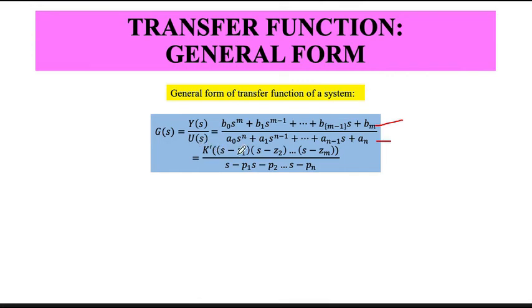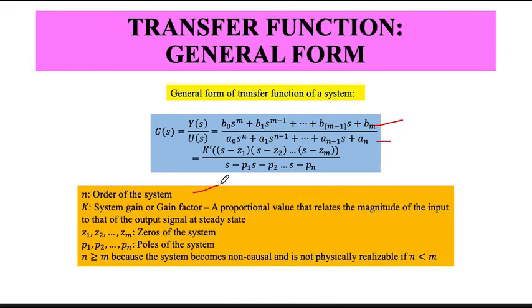I will tell you shortly what this is. I can call n the order of the system. m would be the number of zeros, and n would be the number of poles.